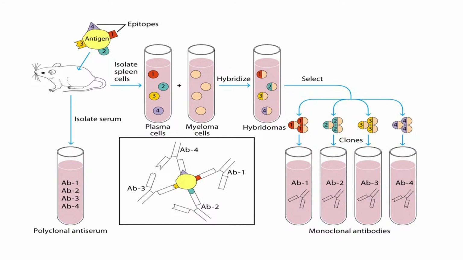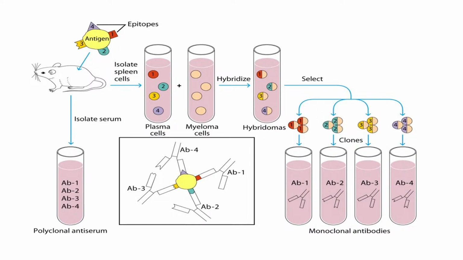But when we are talking about monoclonal antibodies, what we do is we isolate the spleen cells containing the sensitized B cells that are active against one specific epitope of all the 4. So you have the 1, 2, 3, 4. So each B cell is active against that specific epitope. And then they are fused with the myeloma cells. We get these hybridomas.